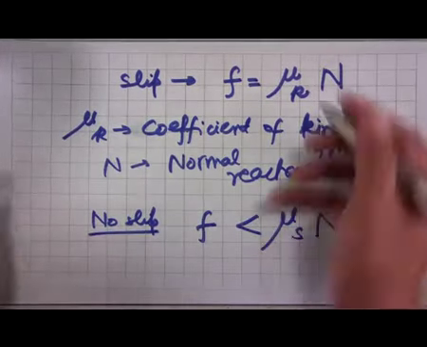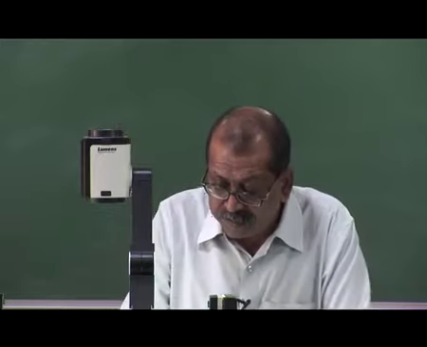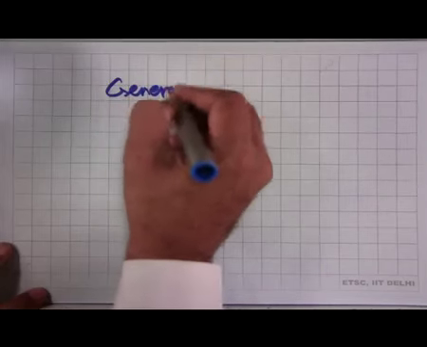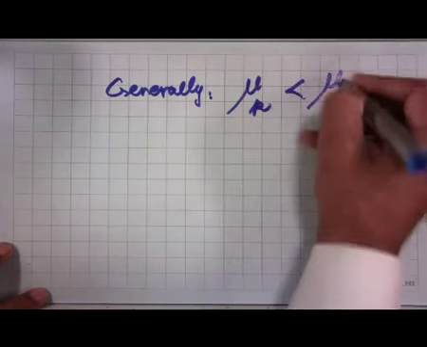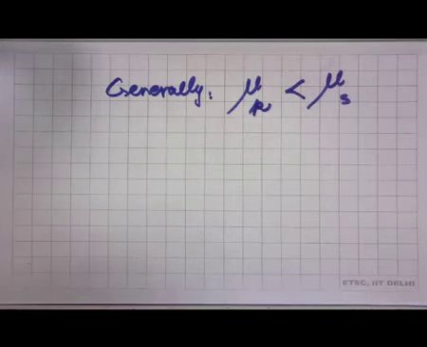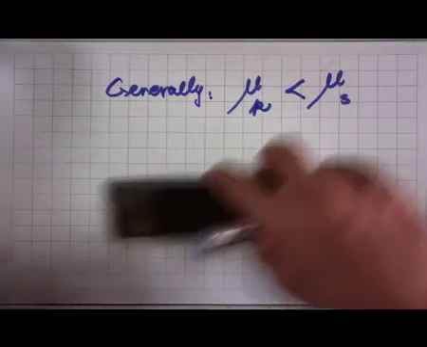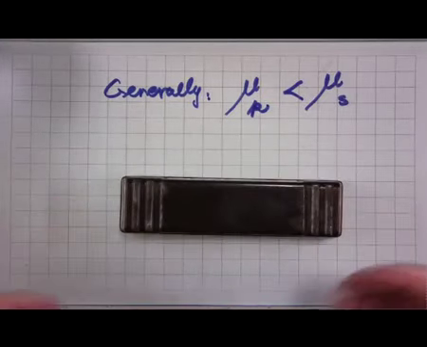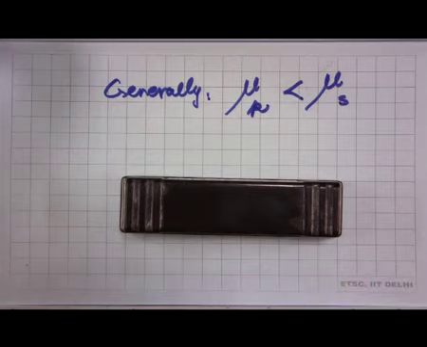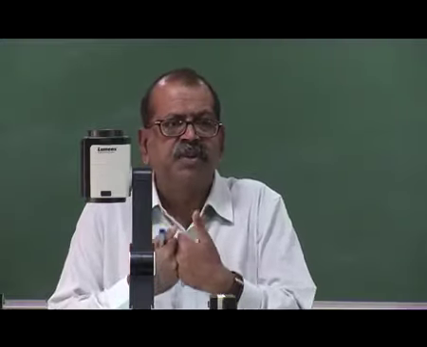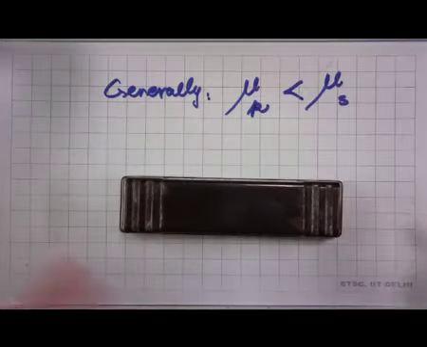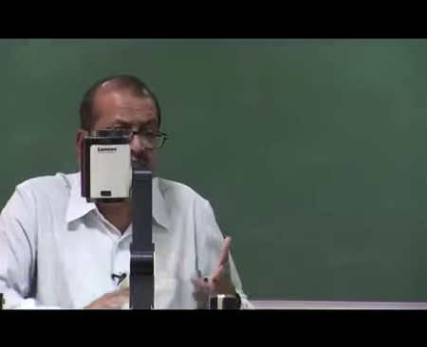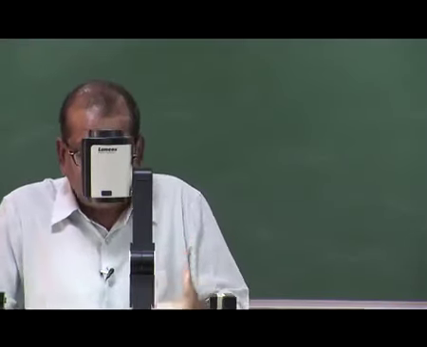Now, a few words about mu k and mu s. Generally, we find that mu k is less than mu s, and the reason is, why does the friction force appear? When we have two bodies in contact, there is some sort of adhesion between them, so there is a resistance to relative movement between the two bodies, and that is what causes the friction.